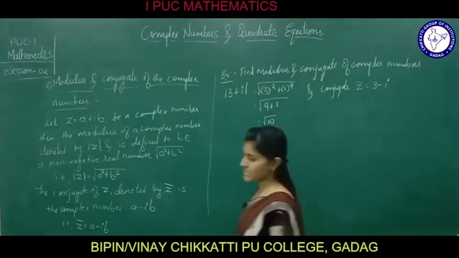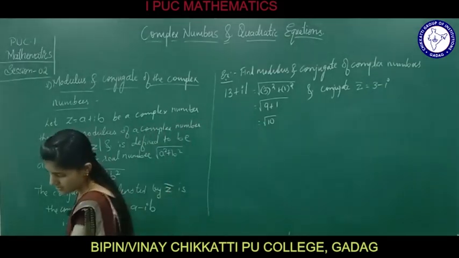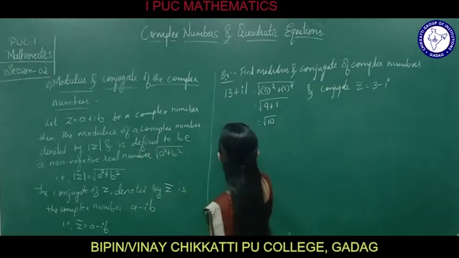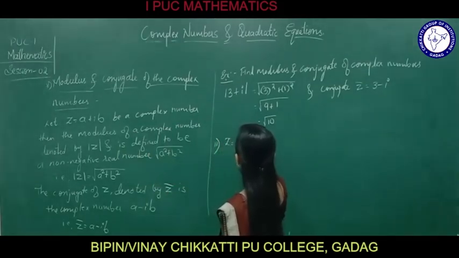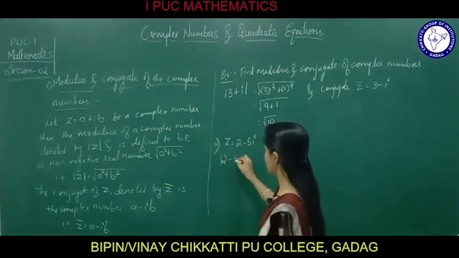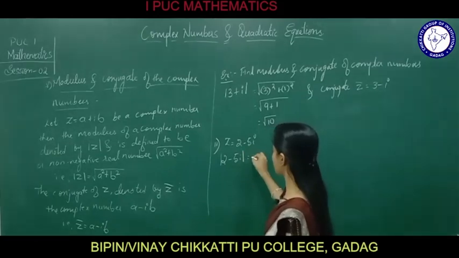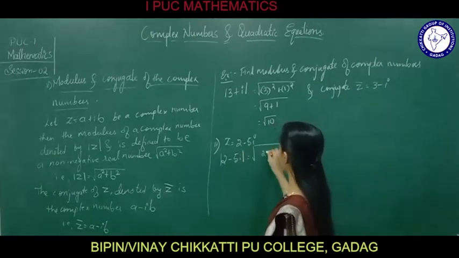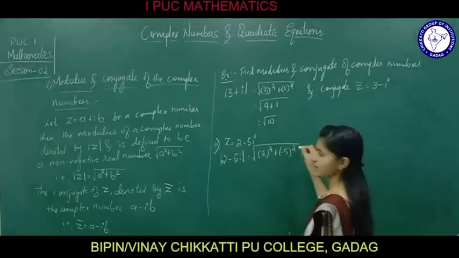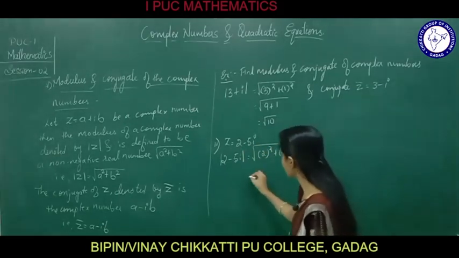Let us solve one more example. The second one, z is equal to 2 minus 5i. First find the modulus. Mod of 2 minus 5i will be equal to root of 2 square plus minus 5 square. If so, what are we going to get?